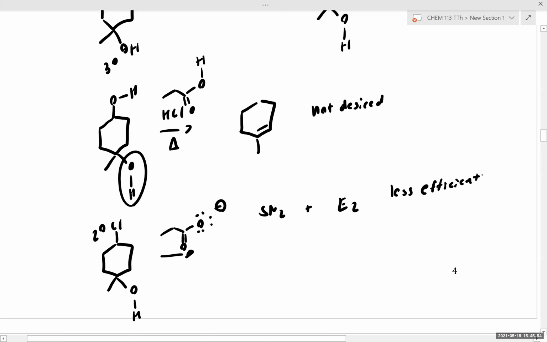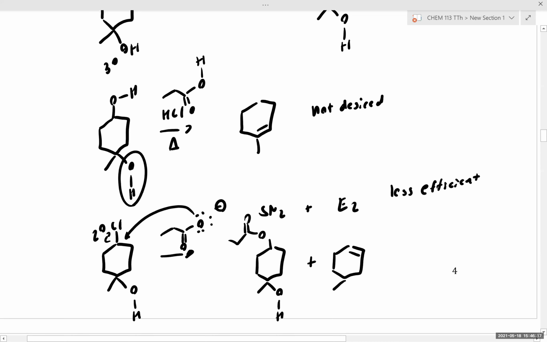So generally, unless you are hard pressed to use a carboxylate, you generally want to avoid using a carboxylate when you have a secondary substrate. Because even though you'd get some of your desired product, you wouldn't get it as the sole product. You'd see a little bit of elimination, and that really cuts into your yield.